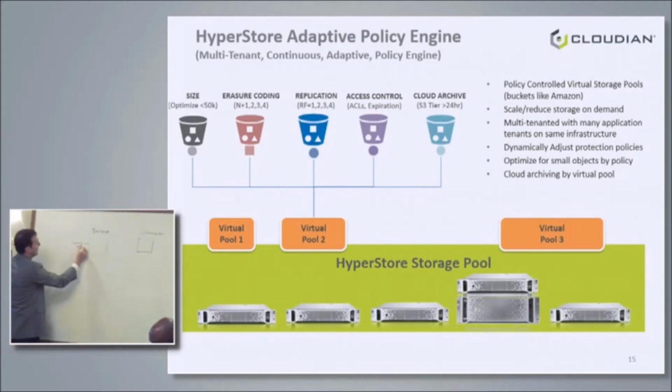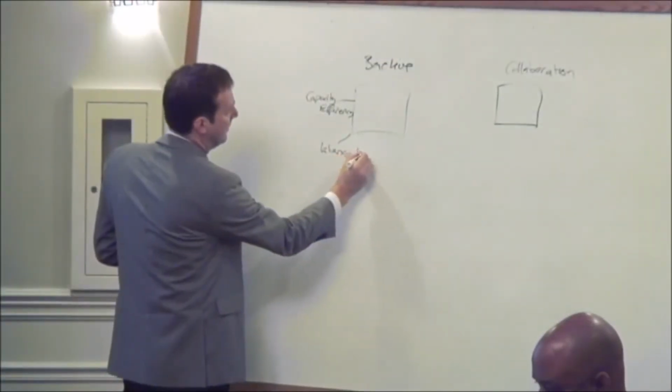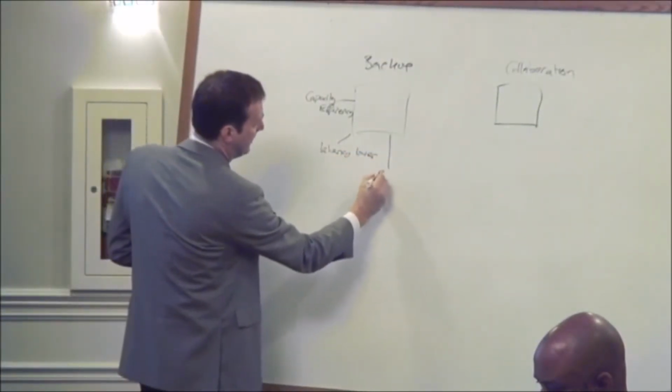You're streaming in basically big objects, so you're not too worried about latency on a per object basis. What you care very much about is being able to stream large objects in sequential latency. So latency is lower priority. Bandwidth is still high.